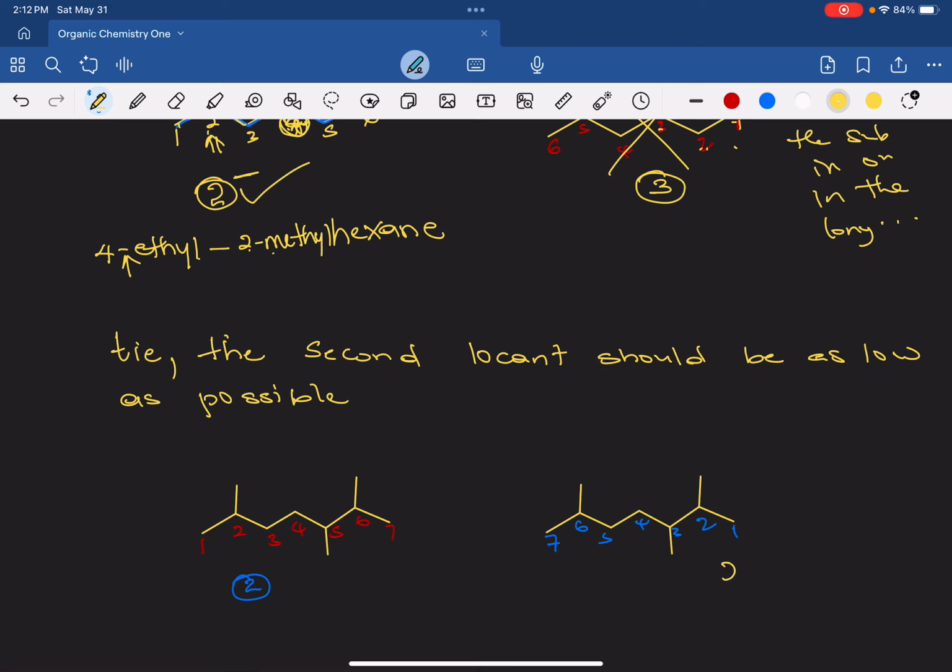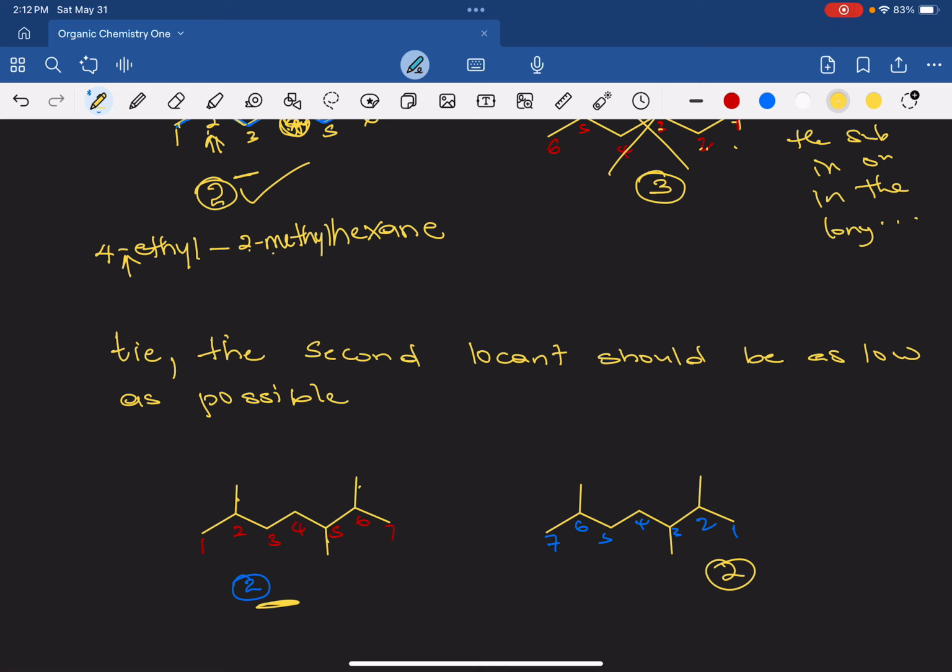It's okay. Don't panic. Simple. All you have to do is pick the structure that gives you the second substituent with the lower number.